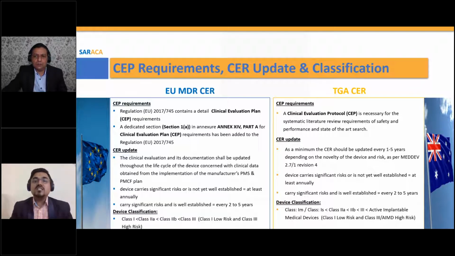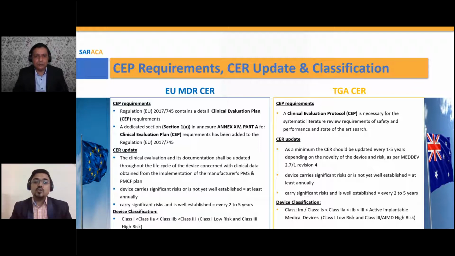And if any devices of class 1, like lower risk devices, are going with sterile condition, then those devices come in class 1S. Those class 1S devices have a little bit higher risk in comparison to the regular class 1 devices.